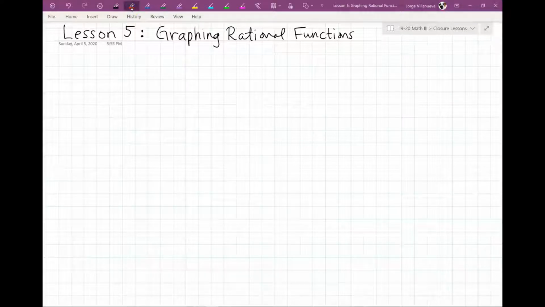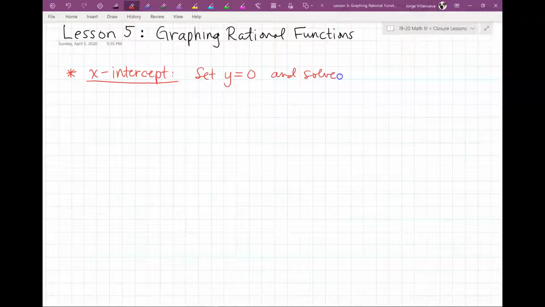Okay, so let's start off with an x-intercept. Now, if we want to find an x-intercept, we have to set y equal to 0 and solve. Now, whenever we do this, if we end up with a fraction, I'm going to put right here, focus on numerator equal to 0.